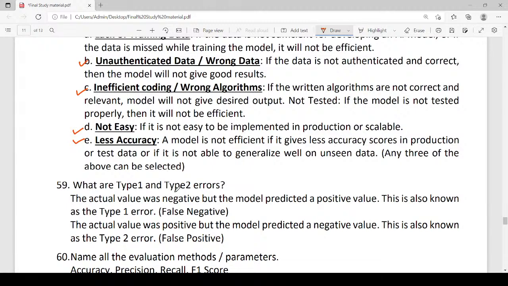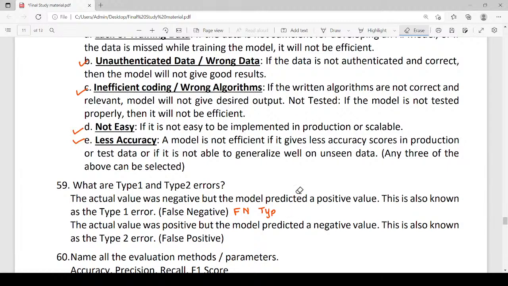So here false negative, FN, is your type 1 error. Now what is type 2 error? That is your false positive.